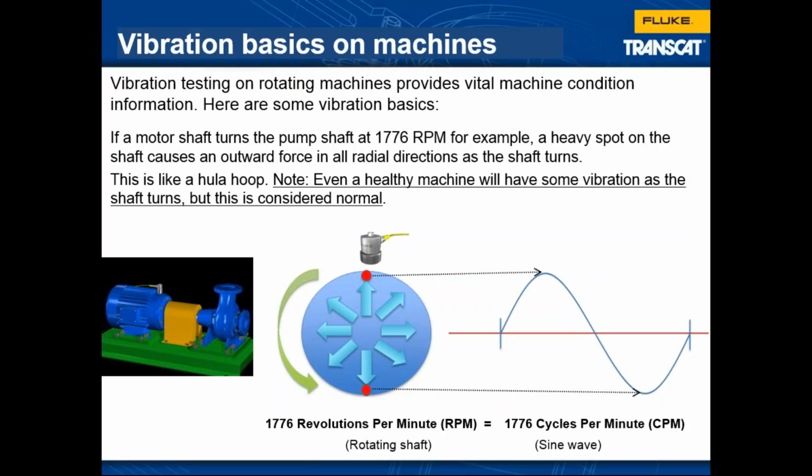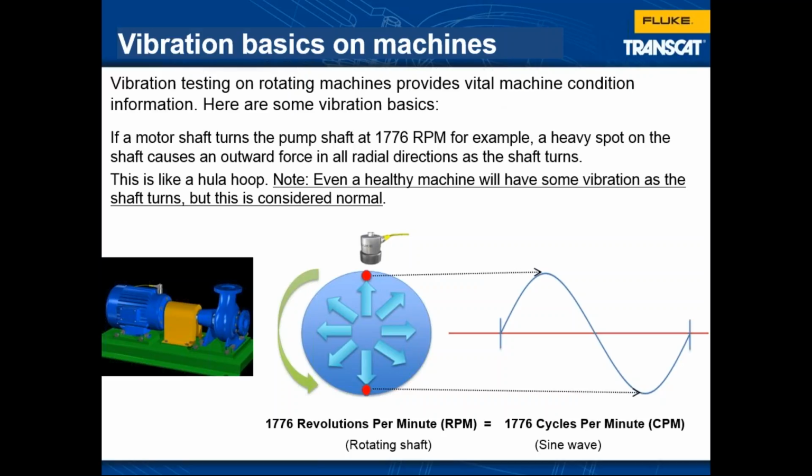It's going to make a lot of vibration, even if it's healthy. So the key isn't removing all vibration, it's learning which vibration is abnormal. Here we can see, as the heavy spot on the shaft rotates around, it's going to make a sine wave. And if the shaft is rotating at 1776 RPM, we're going to see a sine wave at 1776 cycles per minute.